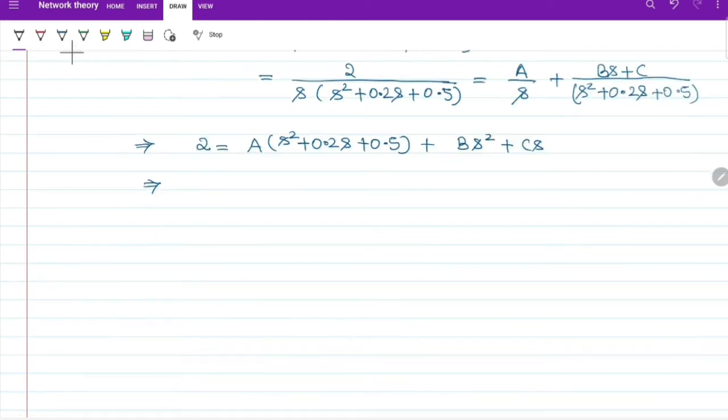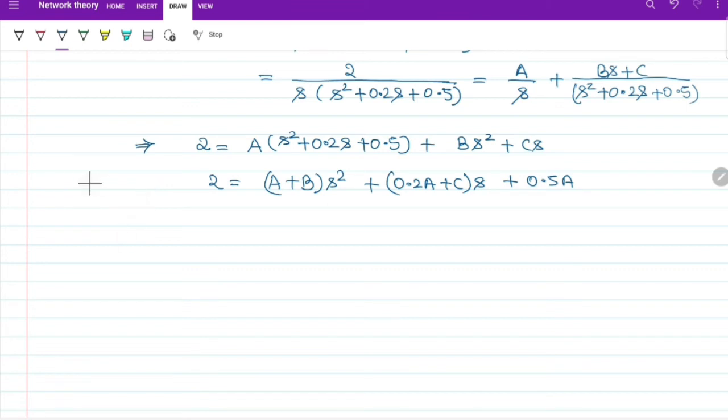Now if we write this as 2 is equal to a plus b s square plus 0.2a plus c s plus 0.5a, compare the like terms on both sides. The left side is actually 0 s square plus 0 s plus 2.